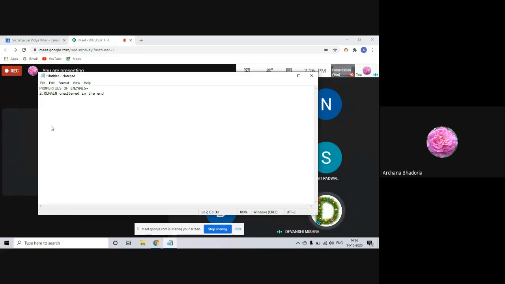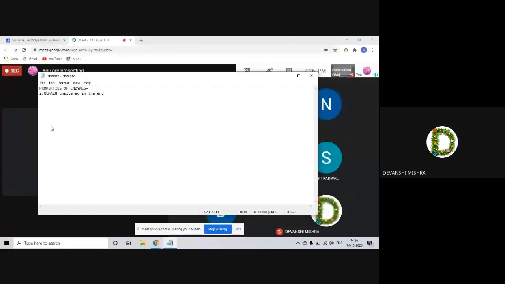Okay, मतलब वो उसी टाइप के सबस्ट्रेट के साथ फिर रिएक्ट कर सकता है. Written ना? Of the same type. Yes, ma'am. Okay. Now check the third property.